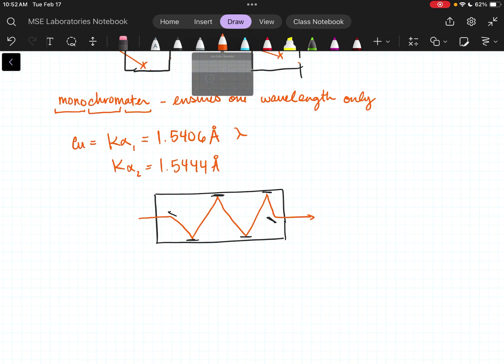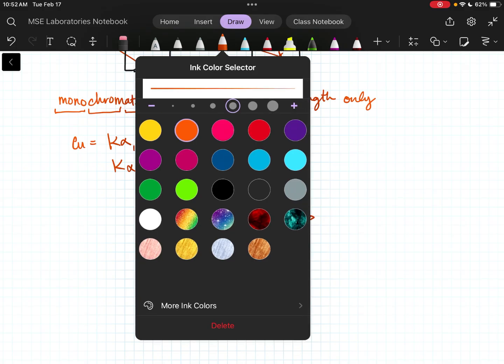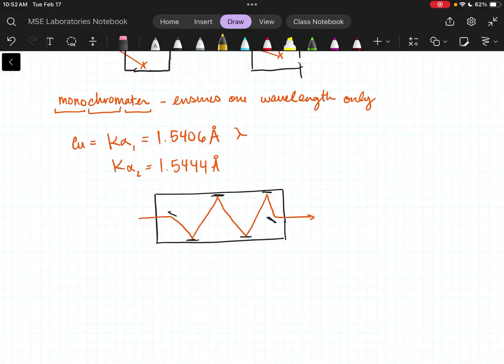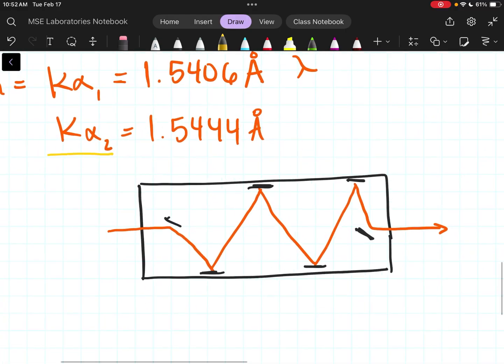Different wavelengths are going to have slightly different paths and are going to be reflected at a slightly different angle. I'm going to use this yellow color for the K alpha 2 just for a moment.